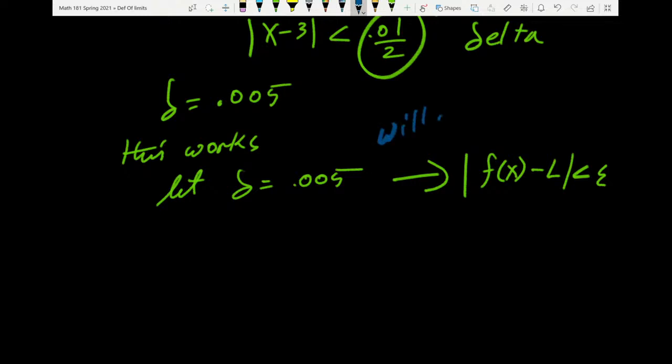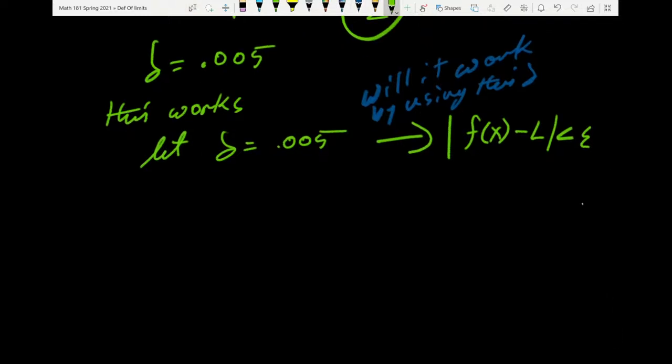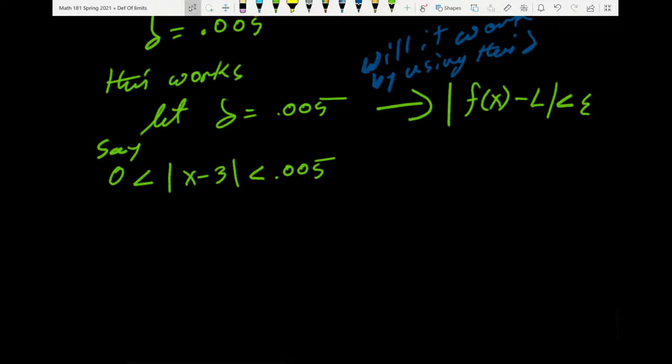Will it work by using this delta? So let's say x minus 3 is less than 0.005, and then we're going to reverse what we did earlier.